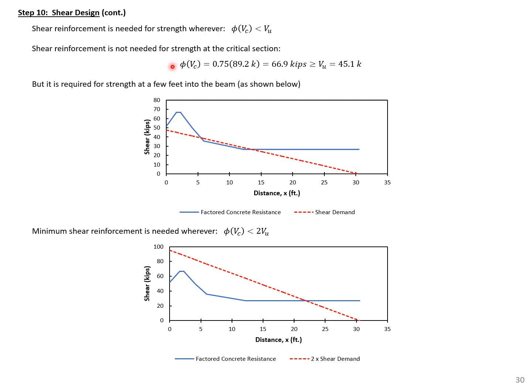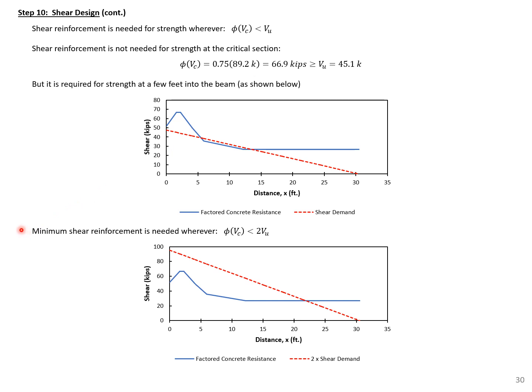At the critical section, our phi V_c is equal to 66.9 kips, which is greater than V_u, 45.1. But if we move a little bit away from the critical section, we can see that our phi V_c drops below V_u. In this region, we would need to provide shear reinforcement for strength.